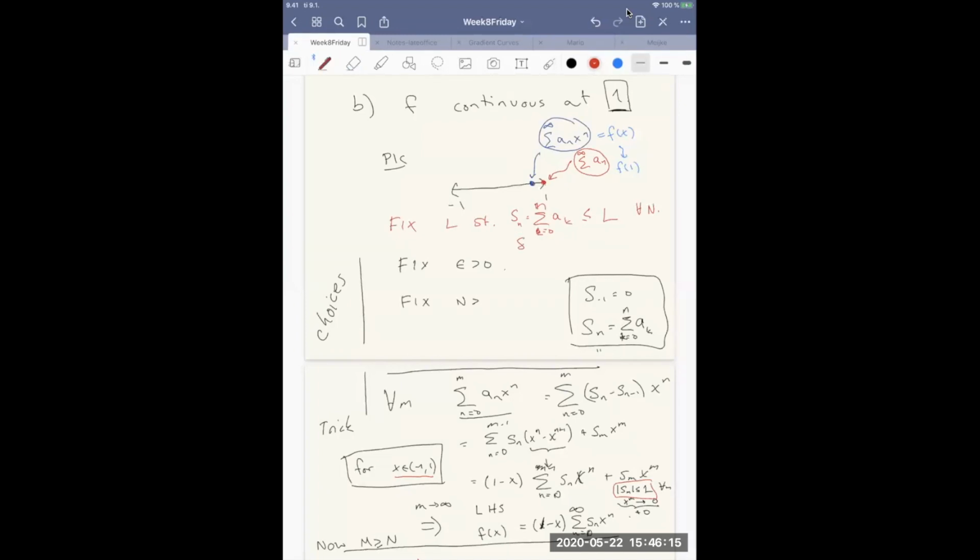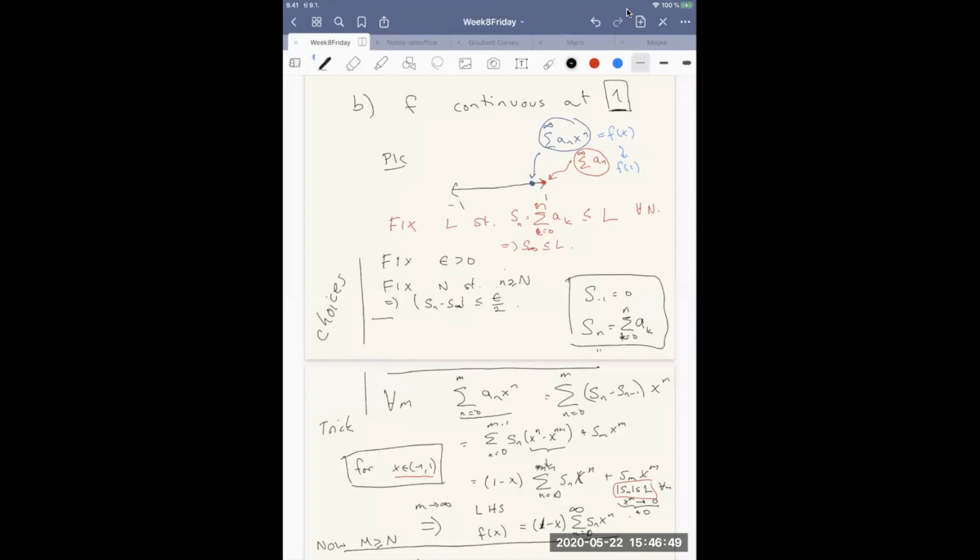And therefore also S infinity, because it's the limit of them, is less than or equal to L. Then let's fix an epsilon, and we will choose N so that for n bigger than or equal to N, S_n minus S infinity will be less than or equal to epsilon over 2.